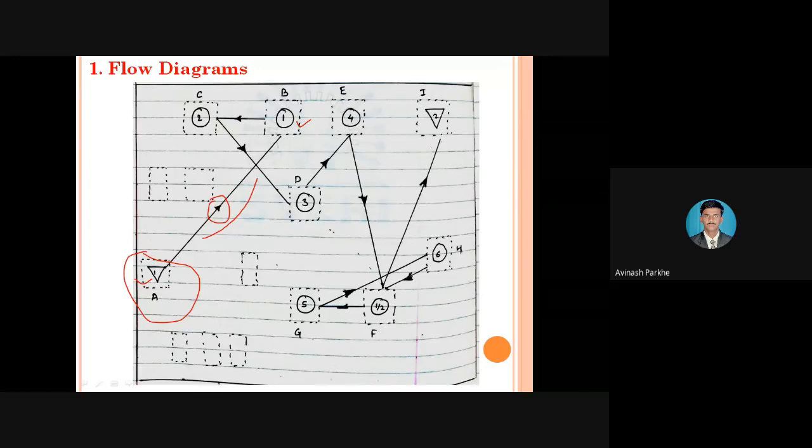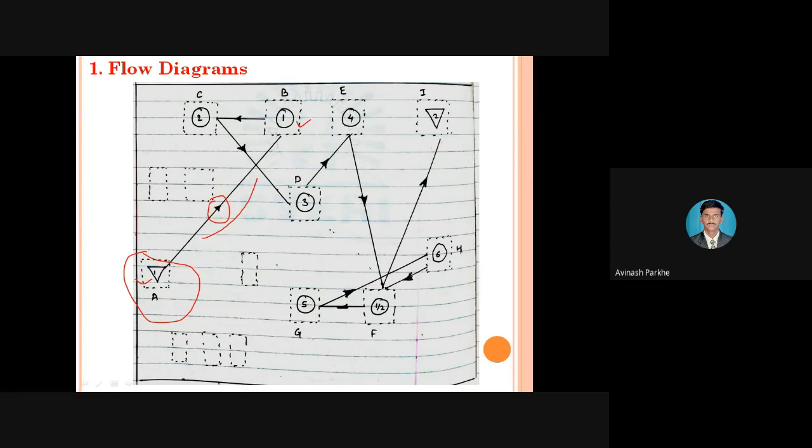That means whatever the movement taking place from one machine to the second, second to third, third to fourth, or whatever the distance traveled by that product from one location to another, from the second location to the third location, all those distances, all those paths of movement, all those movements of the jobs can be recorded by using this flow diagram.